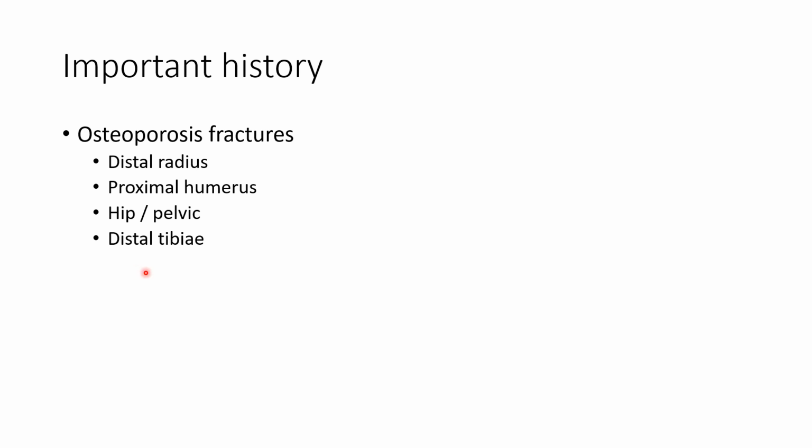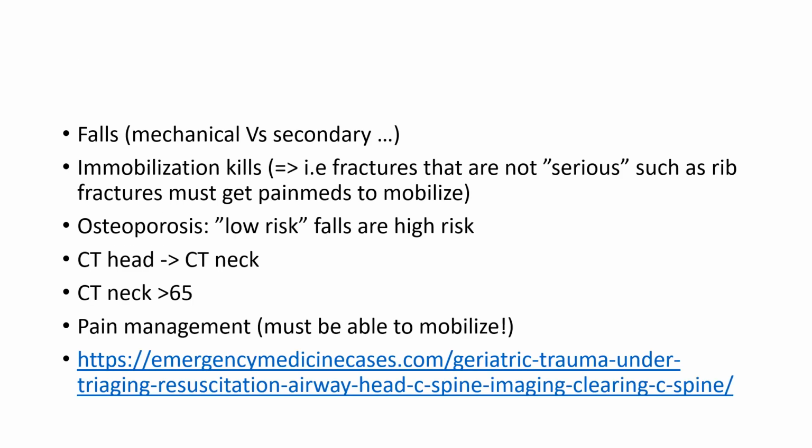I guess there are local guidelines depending on whether or not you should do this. I've never seen any strict rules for this, unless it's hip fractures in someone who was not osteoporotic before, or also back fractures, right? Vertebral fractures. Okay. We talked about the falls, mechanical versus secondary falls, like decompensation.